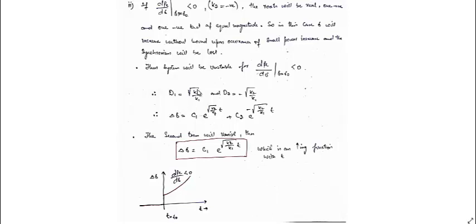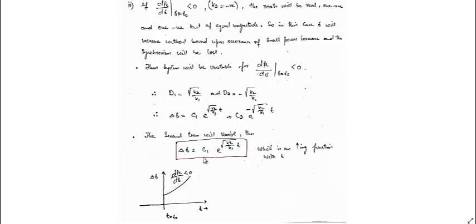That means d1 is equal to root of k2 by k1, and d2 is equal to minus root of k2 by k1, and the solution of this will be delta delta equal to c1 e raised to the power root of k2 by k1 into t plus c2 e raised to the power minus root of k2 by k1 into t. The second term has a minus, so as t increases this will finally vanish. It will come down to 0 very fast because it's an exponential, but the first term increases very fast. We can see that the second term can be neglected.